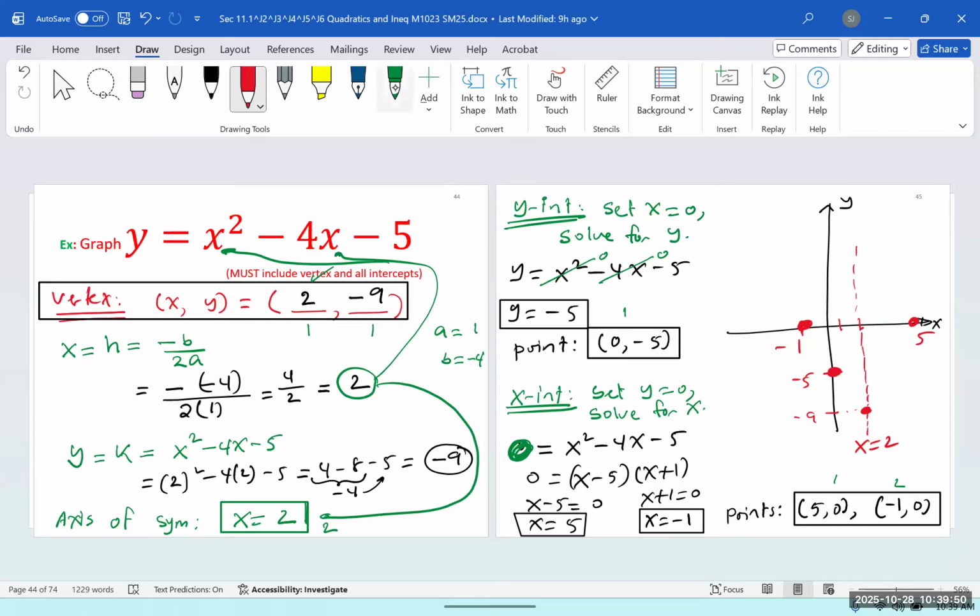So based on all these points, what type of parabola are we going to draw? Upward or upside down? Upward. So from the vertex, connect the y-intercept, the x-intercept, and keep going upward. And on the right side, connect the vertex to the x-intercept, and this is a parabola.